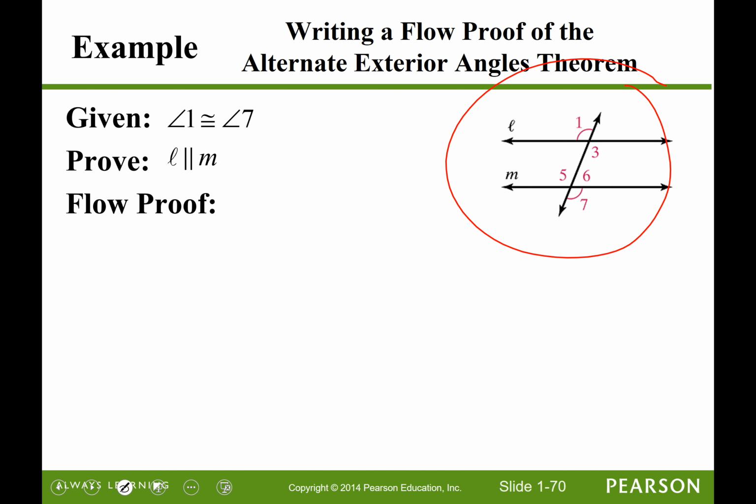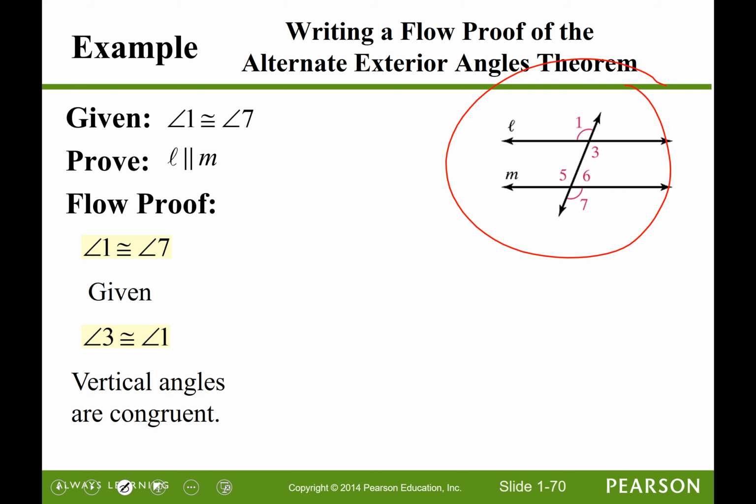So let's put all that together and try to prove that line L is parallel to line M. We often start with our given information, angle 1 being congruent to angle 7. Justification, it was given to us. All right, and we're going to state any other definitions, postulates that we know.